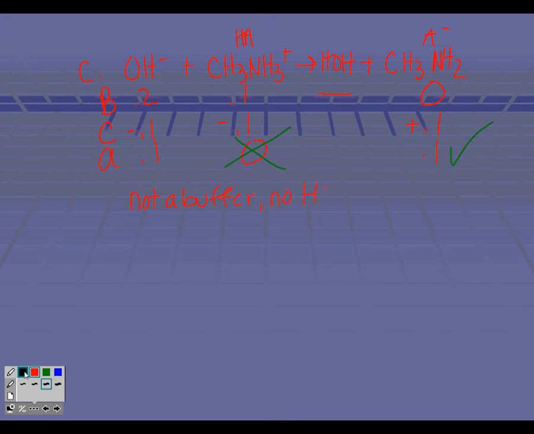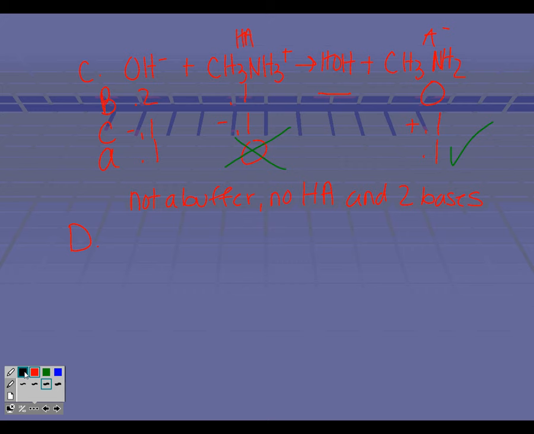And we're also left with two bases. Every buffer has to have the weak acid and the weak base. So hopefully D is going to work out for us.